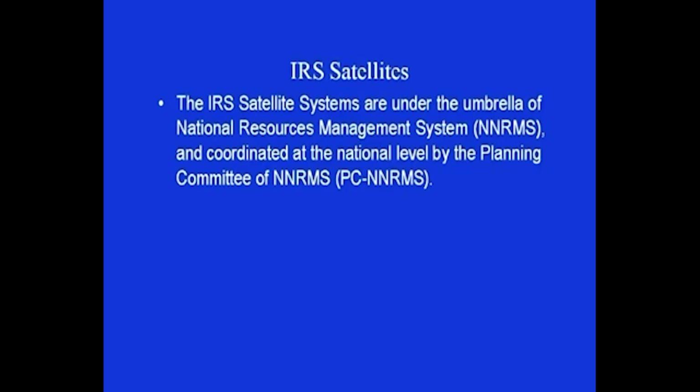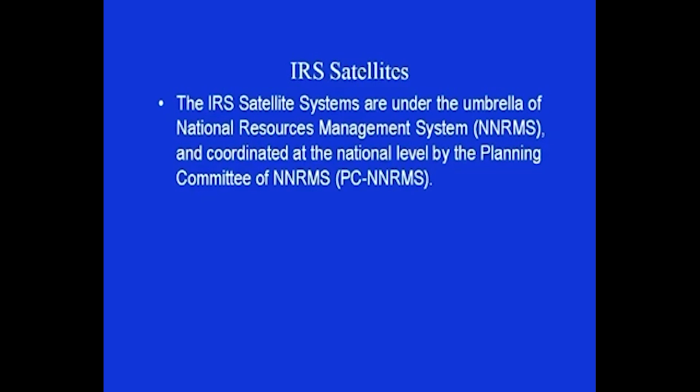The next satellite mission which I will discuss probably created a revolution in the world of remote sensing. This is the IRS satellite system launched by India under the umbrella of the National Natural Resources Management System, that we call NNRMS, and coordinated at the national level by the Planning Commission.